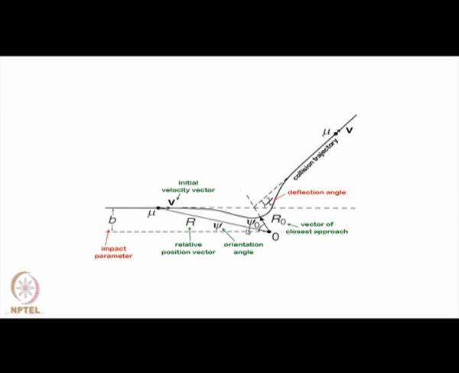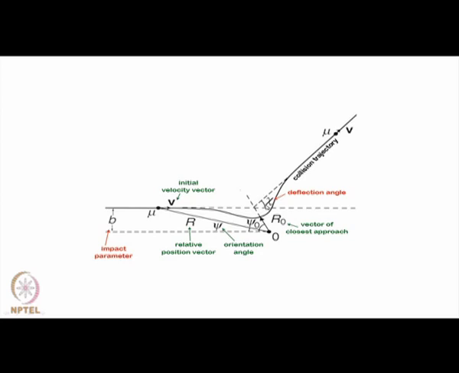The trajectory is symmetric about this point, and this is the distance of closest approach r0. The final deflection angle is this.